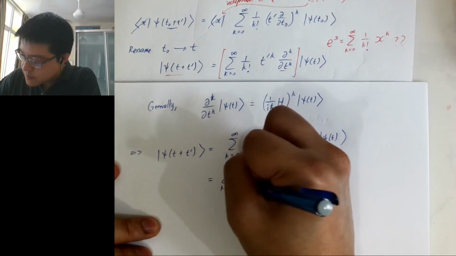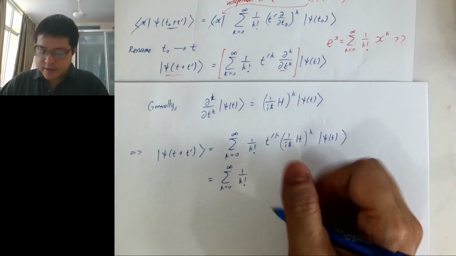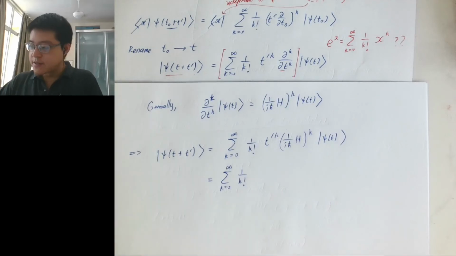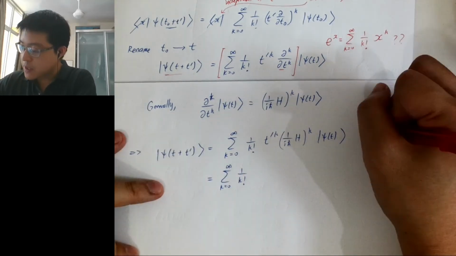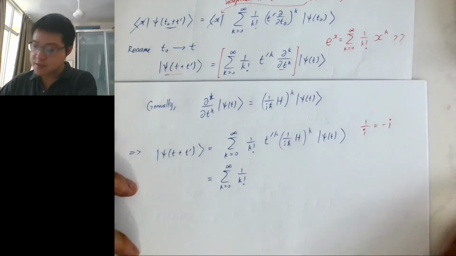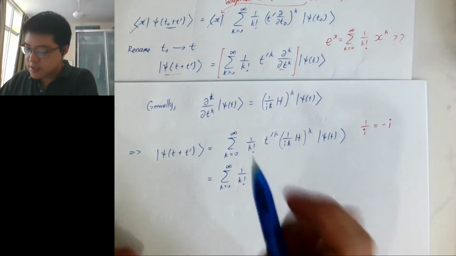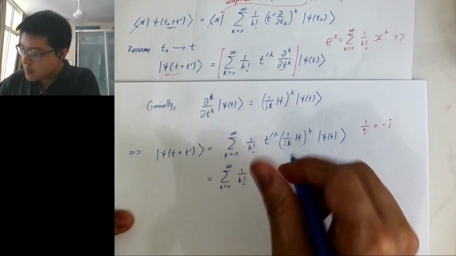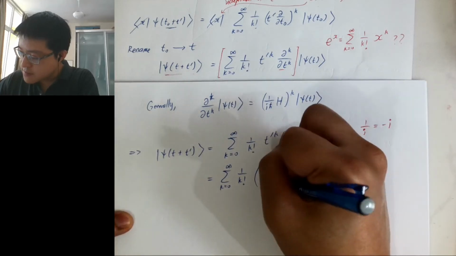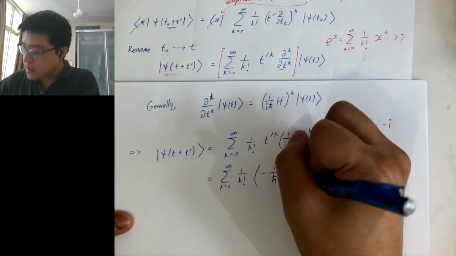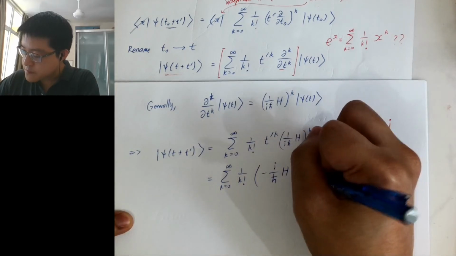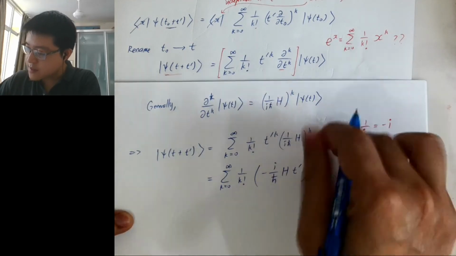So let me rearrange this a little bit more. So this is 1 over i h bar, and to make it look more familiar, 1 over i, always remember, is just negative i upstairs. So if I rearrange this, I am just going to get minus i, h bar is still down there, and then H Hamiltonian, and then there's a t prime, and all these are acting on the state k times.